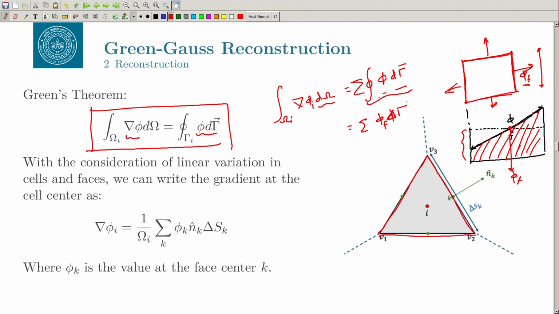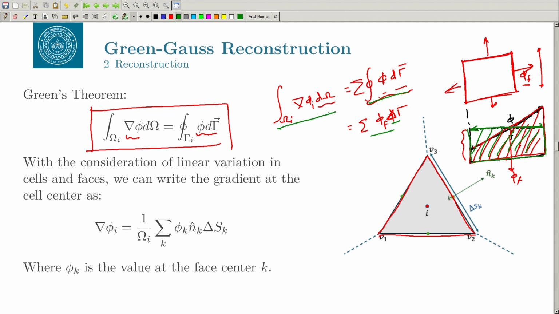The area under this curve, because of the linear variation, is equal to the area of this region. So, if the variation is linear, the integral quantity can be written as the value at the face center multiplied by the size of the face, the length of the face. This is what I have done here.